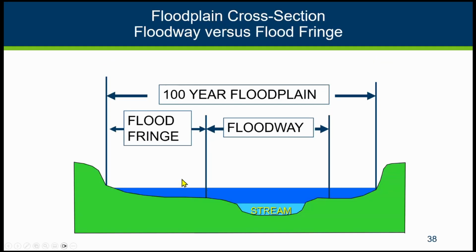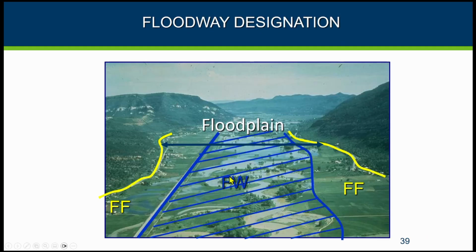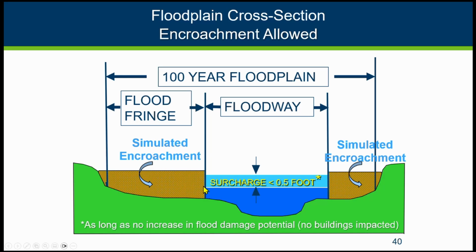So they'll run the modeling, get that base flood elevation without that filling, and they determine where that floodway is going to be, and they redo their cross sections in their models and pretend that flood fringe is all filled in. They run the model again. Of course, as you're squeezing in the area available for floodwaters to go, it makes the water levels go up, that stage increase here. Federal law says that can't be more than a foot.